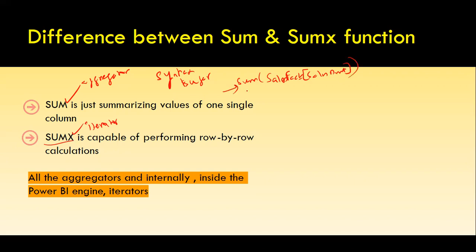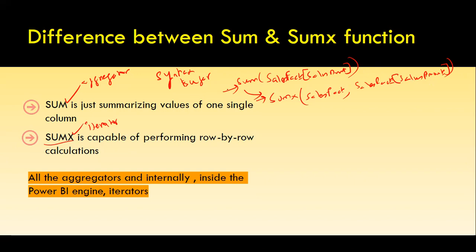When you use this SUM function, behind the scene the Power BI engine converts this as the sales fact table, comma, the sales amount column. Got it? So it transforms the SUM as a SUMX function.